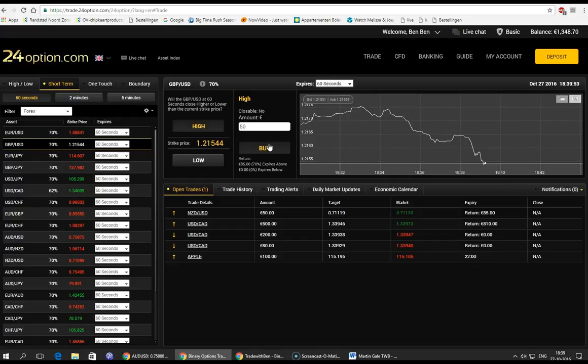It just keeps going down. So it's quite dangerous trading right now because there's a downtrend on everything against the dollar.